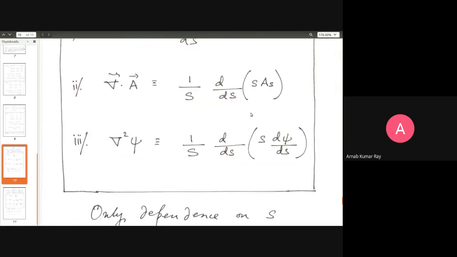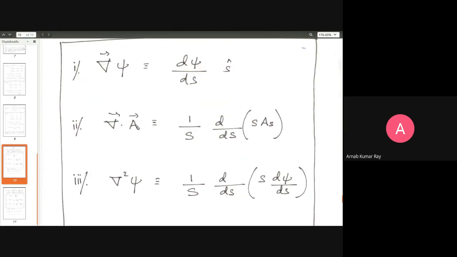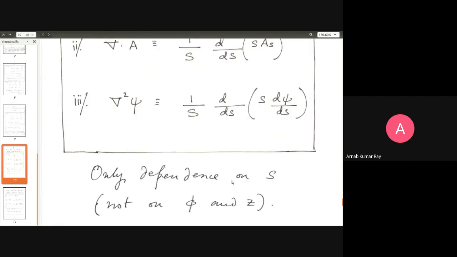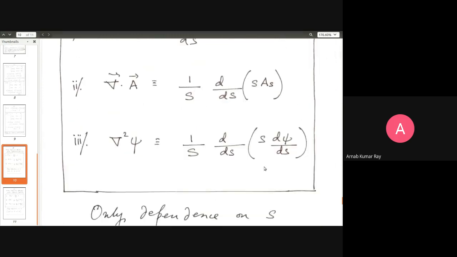You notice these two formulae, the divergence of A and the Laplacian of scalar psi. This is 1 upon S, d/dS of S, A_S, the S component only. What did I tell you? That the dependence is only on S, not on phi and Z. And here also you have the Laplacian, 1 upon S, d/dS of S, d psi/dS.